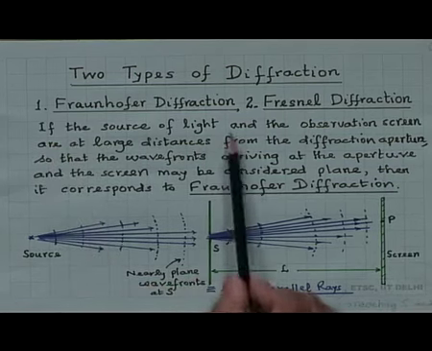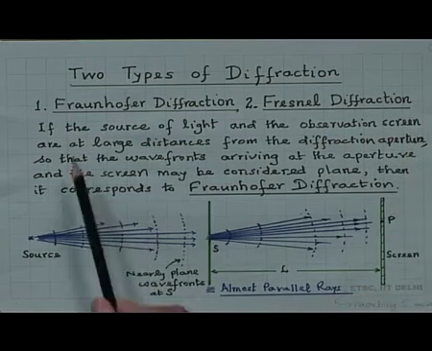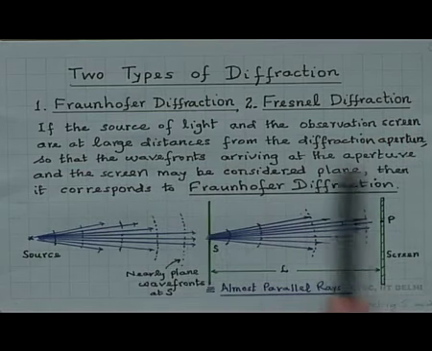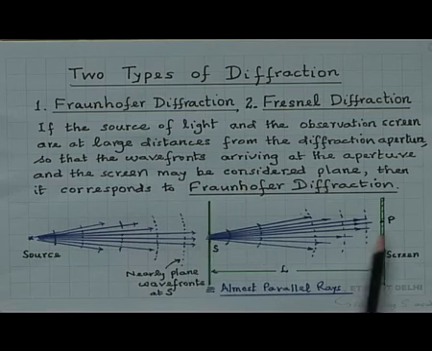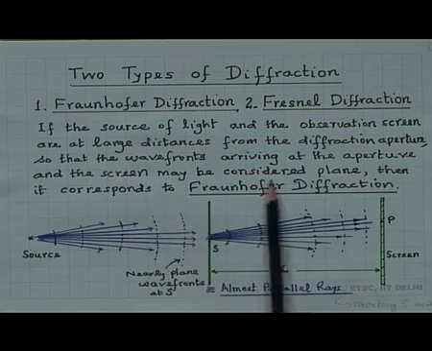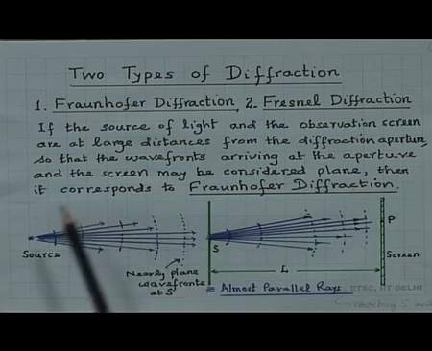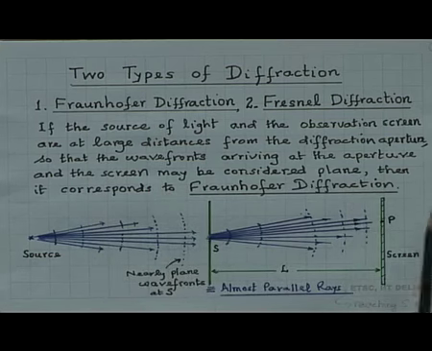If the source of light and the observation screen are at large distances from the diffraction aperture, so that the wavefront arriving at the aperture and the screen may be considered plane, then it corresponds to Fraunhofer diffraction.